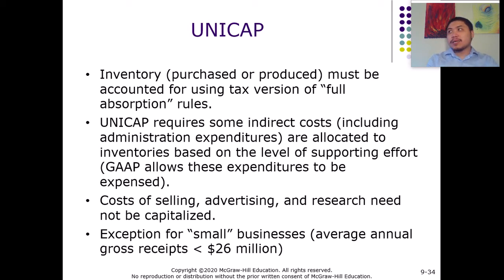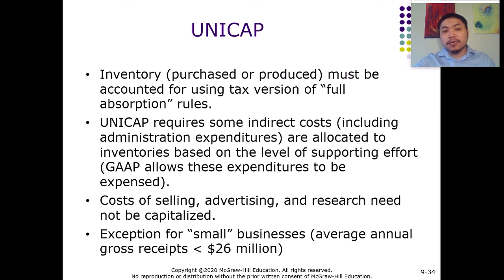Because the government and Congress want to delay the deduction of the expensing, right? By increasing the amount of capitalizations of inventory, they can, in a way, delay the deduction of the cost.